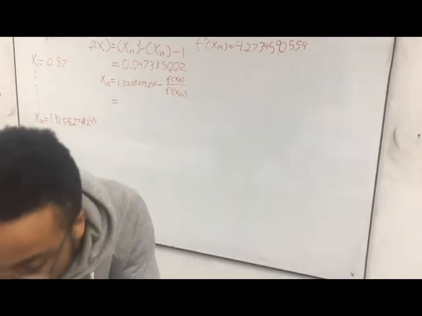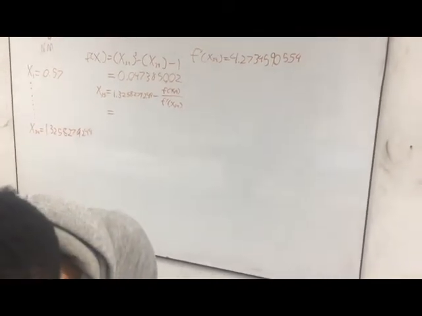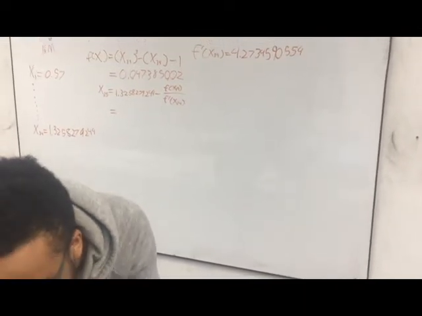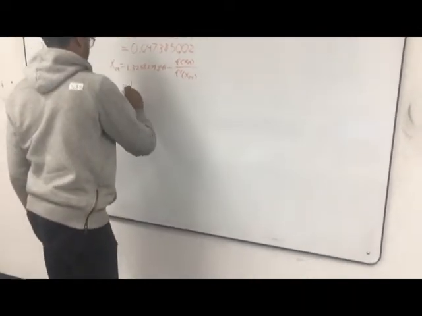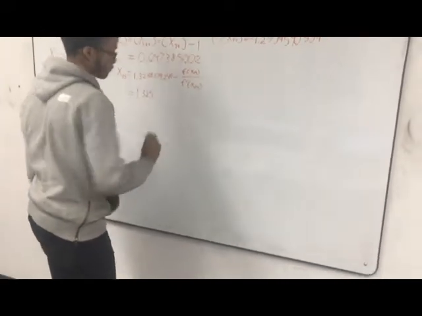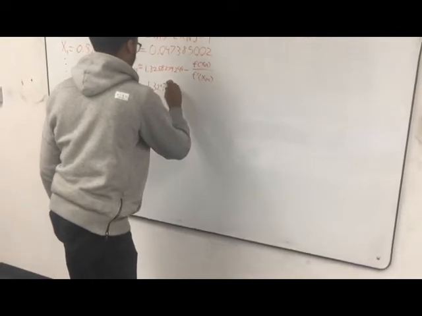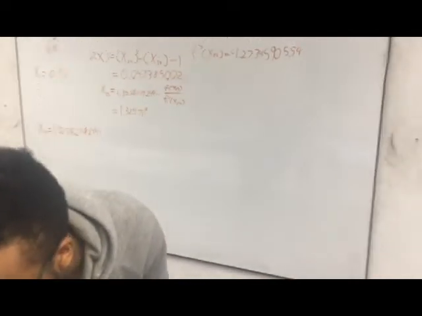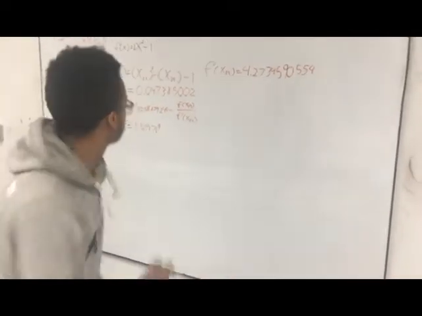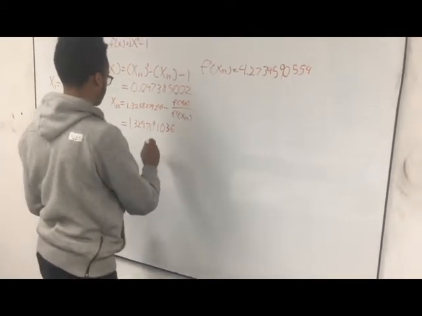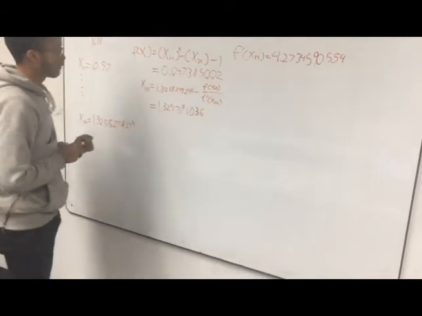Equating this out comes out to 1.3. That is what x sub 35 is.